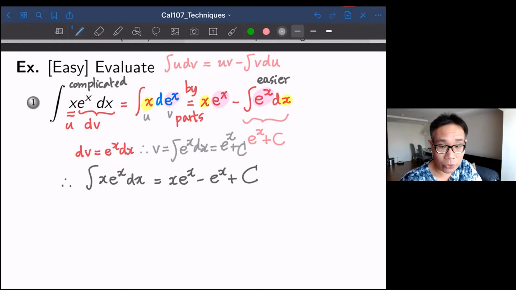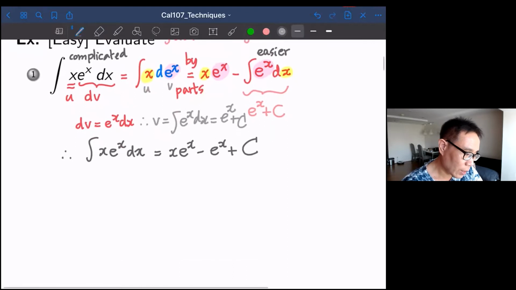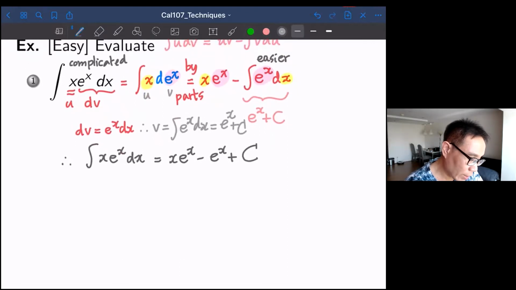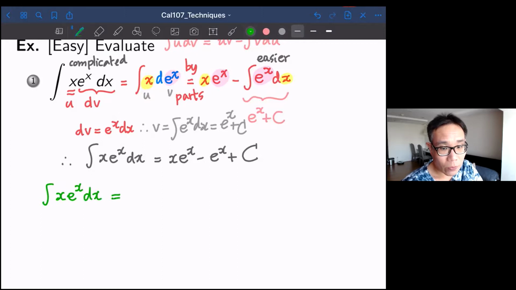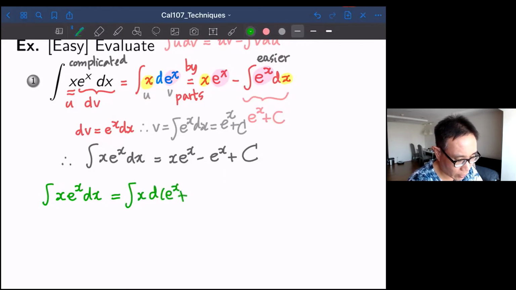And this is how you know this one. You may ask, when we integrate x e to the x dx, would it be the integral of x times d of e to the x plus c?